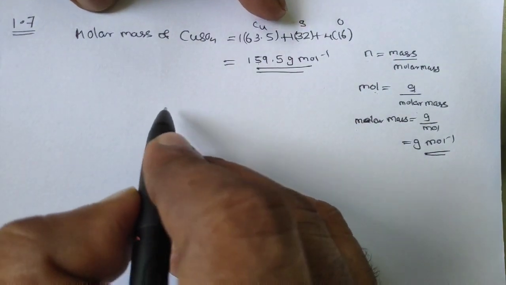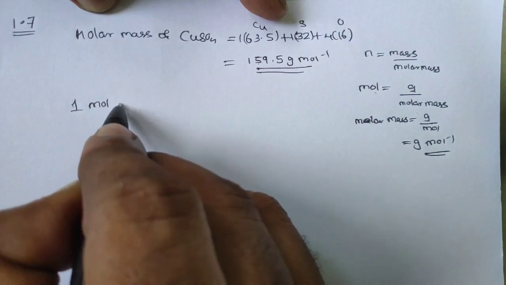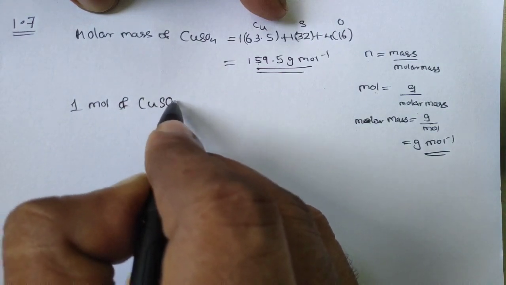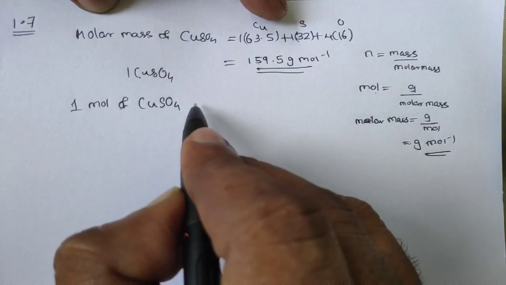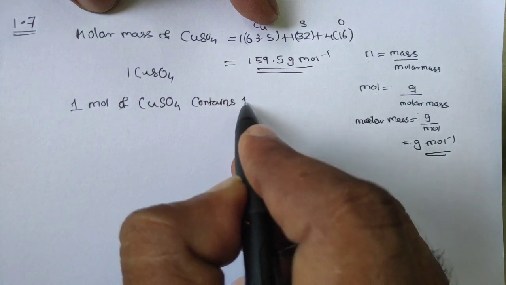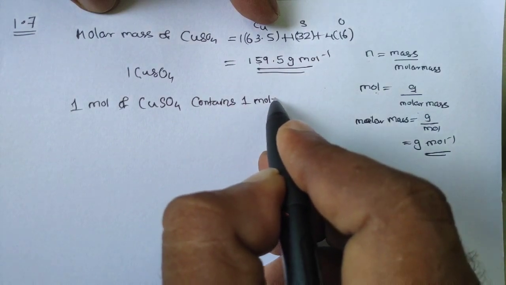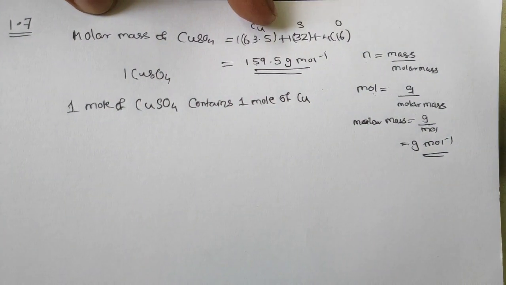Now we know 1 mole of CuSO4 contains how much copper? It contains 1 mole of Cu. Understood?